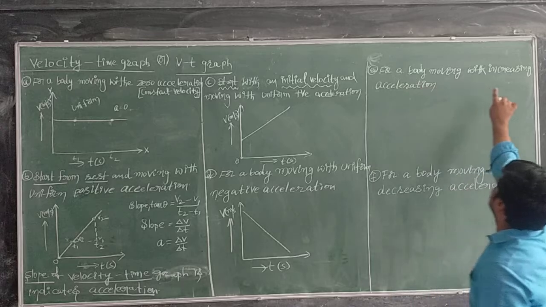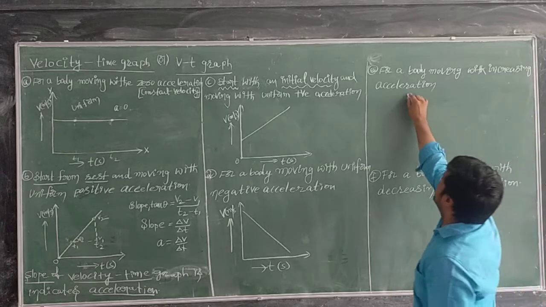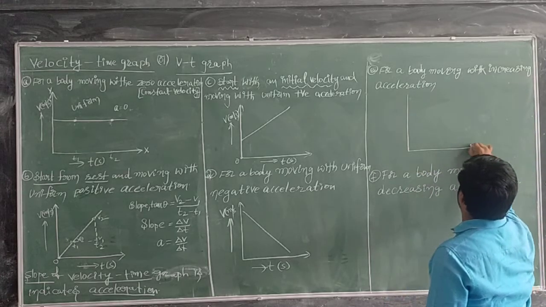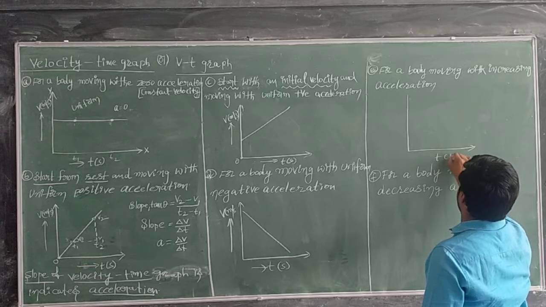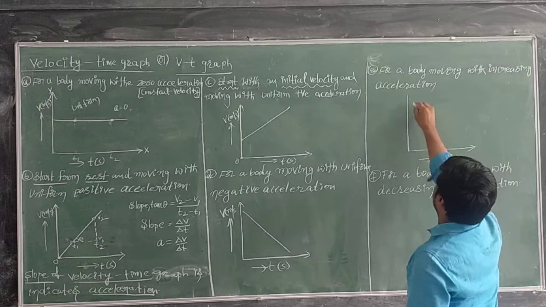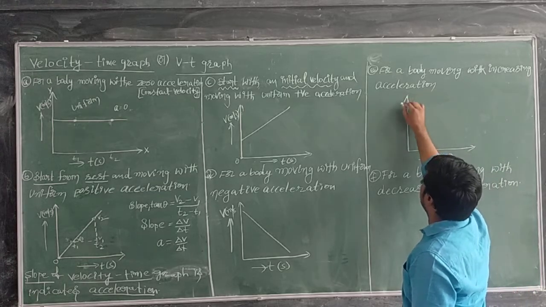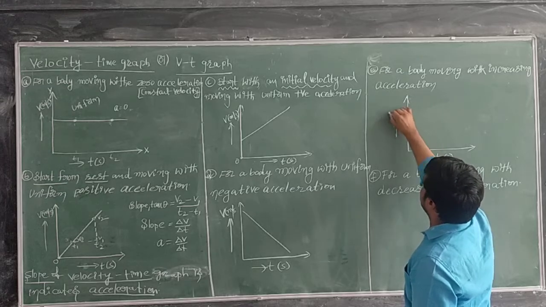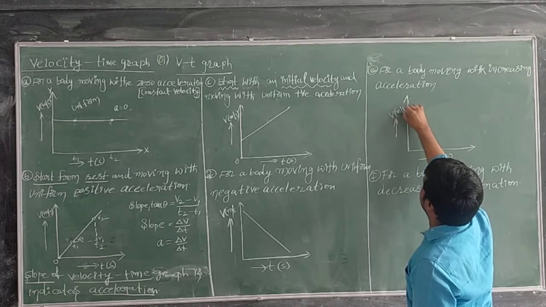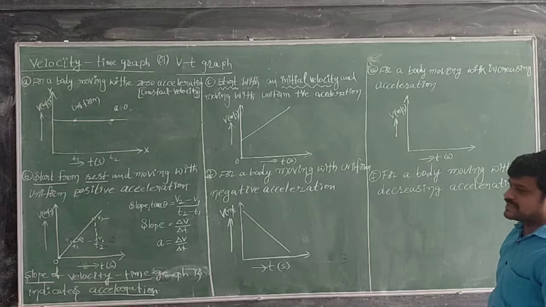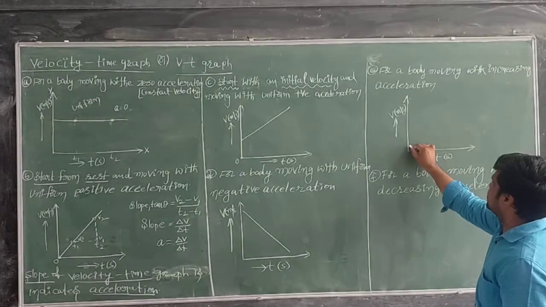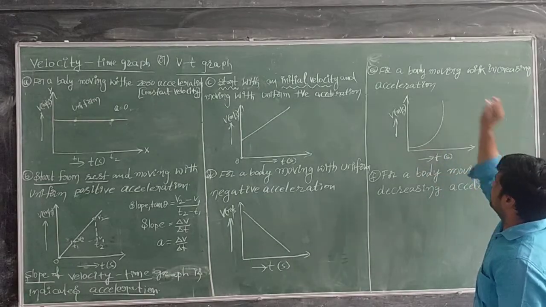Suppose for a body moving with increasing acceleration. Time on the x-axis and velocity on the y-axis. Increasing acceleration means we take the curve like this.